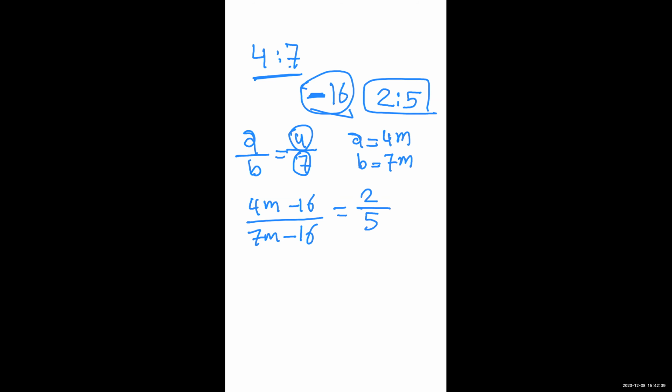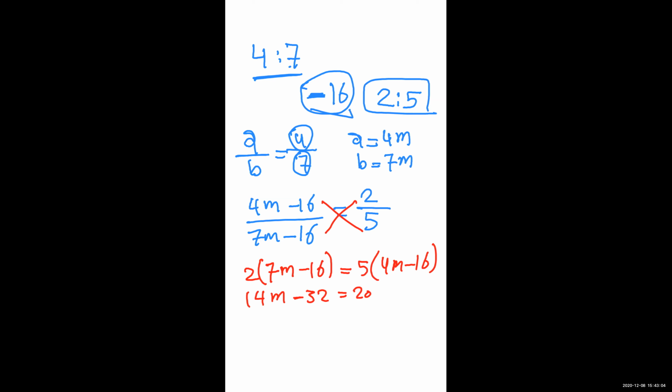Okay, now cross multiplication, the product of means equals the product of extremes. So 2 times 7M minus 16 will equal 5 times 4M minus 16. Okay, so 14M minus 32 will equal 20M minus 80.